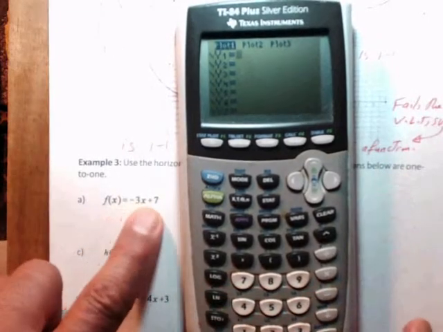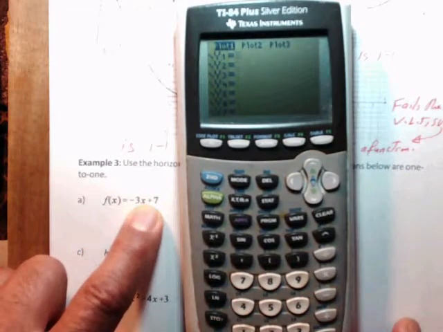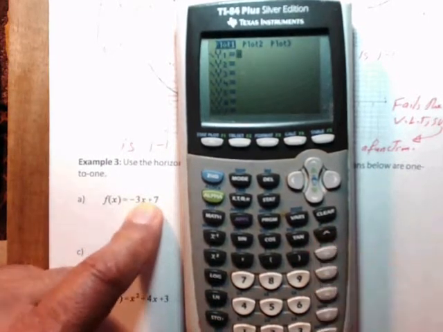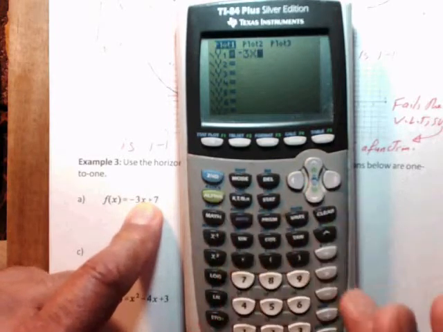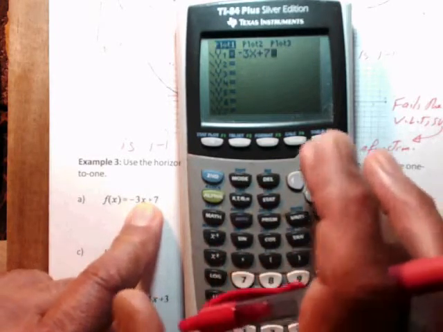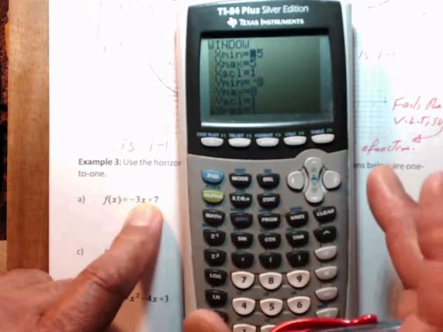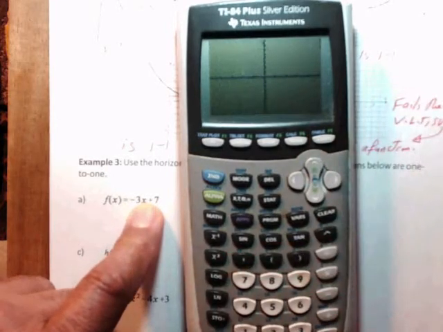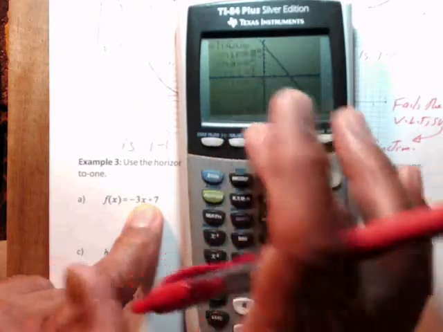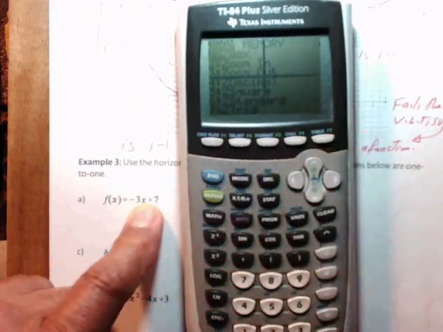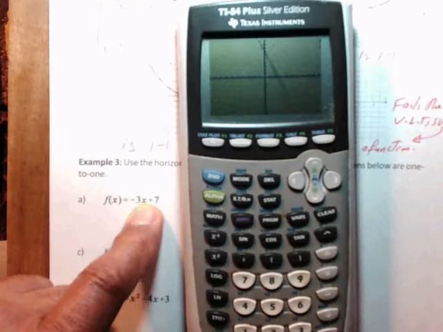Let's do this function here. Negative 3x plus 7. My window is okay. So let's see. Yeah. Maybe make my window a little bit bigger. Make it zoom 6 to go to the standard window. There we go.